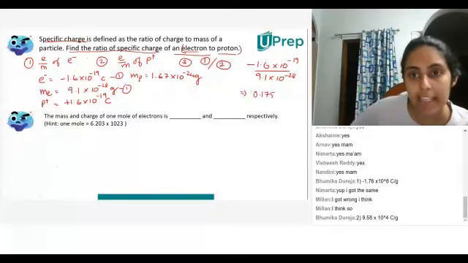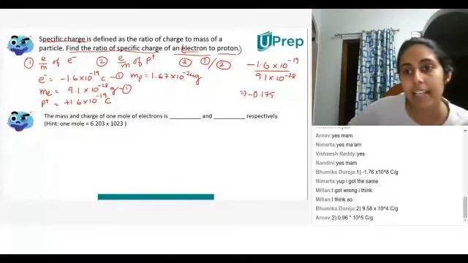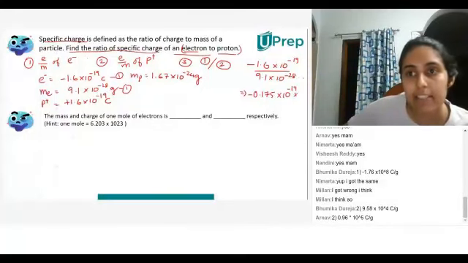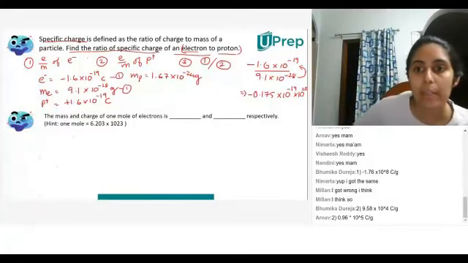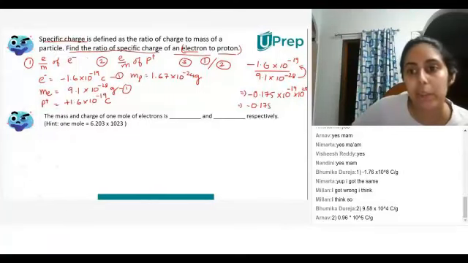I'll just put the minus sign as it is, and I'll take 10 to the power minus 19. And then I'll bring this 10 to the power minus 28 on top, so it will become plus 28. So this will be minus 0.175 into 10 to the power 9.